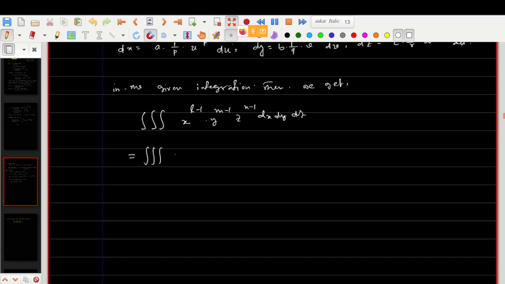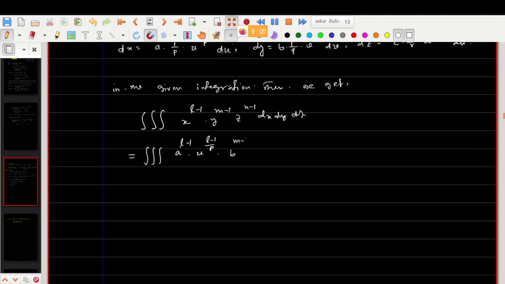With x equals a times u power 1 by p, x power l minus 1 is a power l minus 1 u power l minus 1 by p.